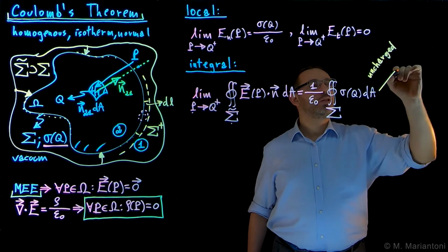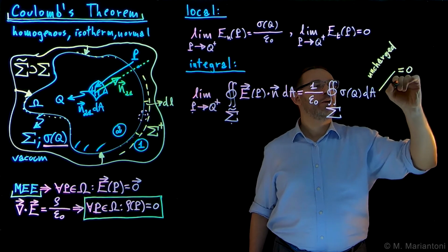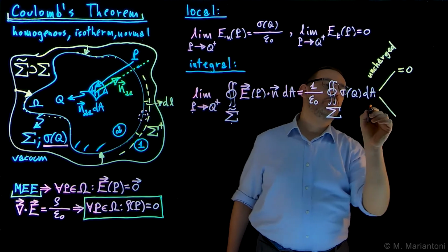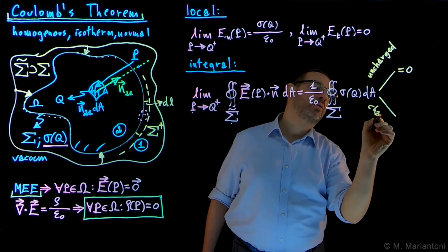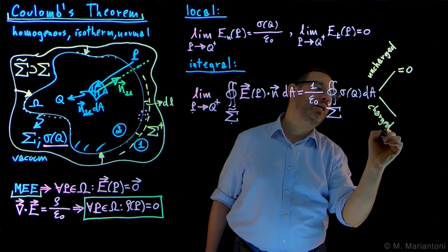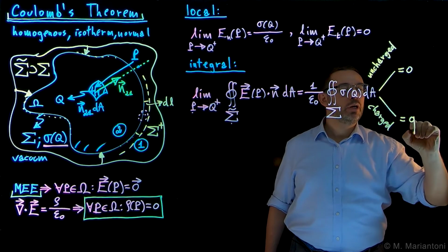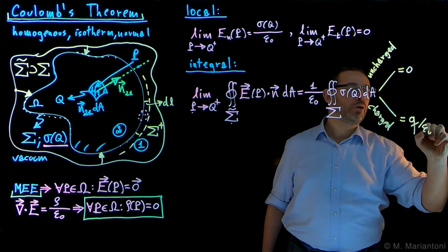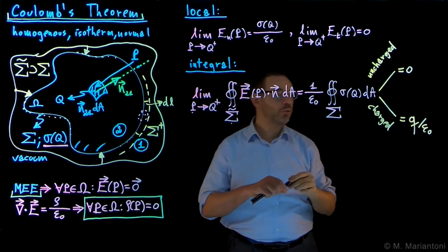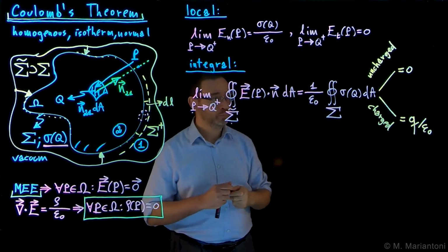And so in this case, this quantity is equal to 0. Whereas if it was charged, so if we apply somehow a charge to it, then this result has to be some charge Q divided by epsilon naught, where Q is the total charge on the conductor.